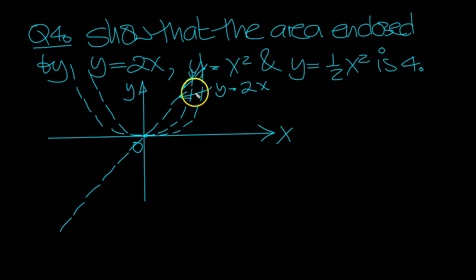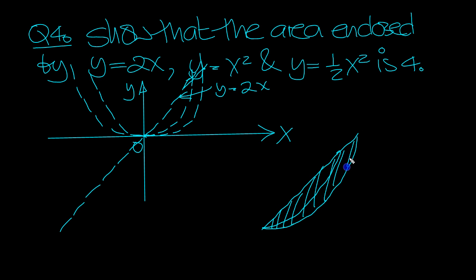So, from what I can see, the area enclosed would be this part here, and then half x squared would have to come up and cross it there. So as far as I can see, the whole area is going to be this here.